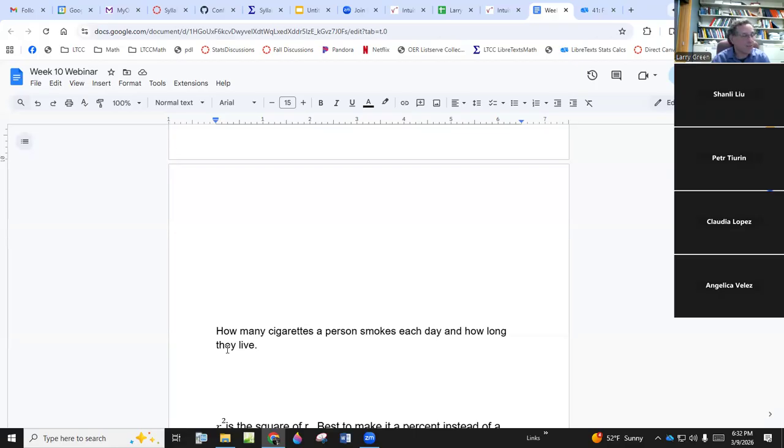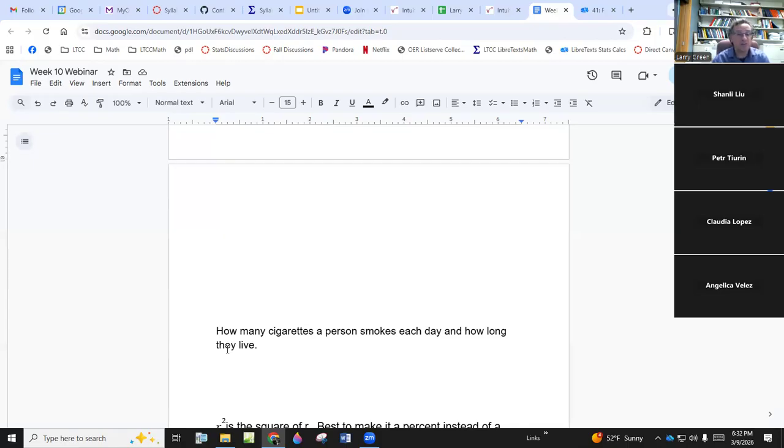Hopefully you've been taught this. If you are a heavy smoker, what's going to happen to your lifespan? Well, not 100% certain, but often. There's been lots of statistics on this. Yeah, you have a much higher chance of dying younger.